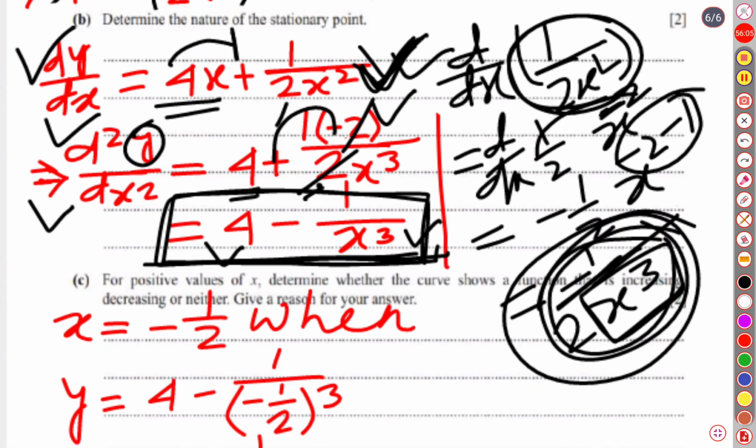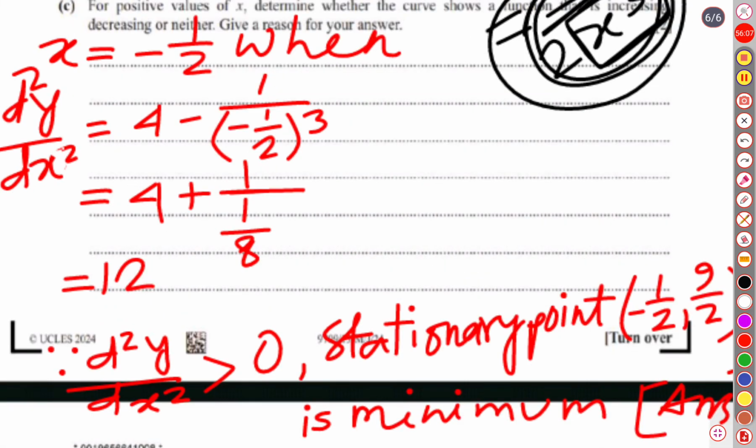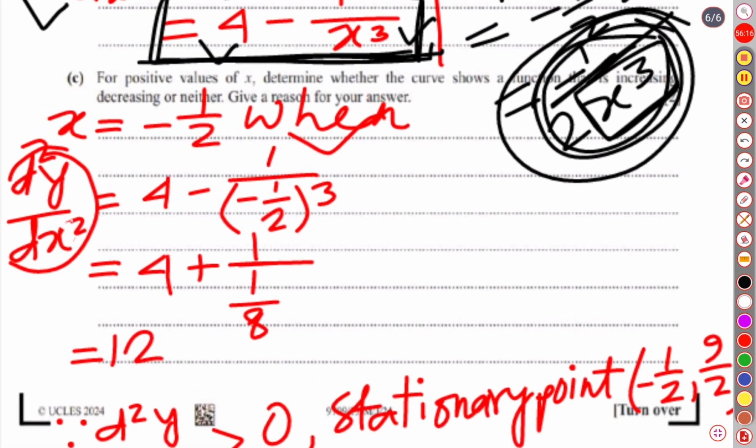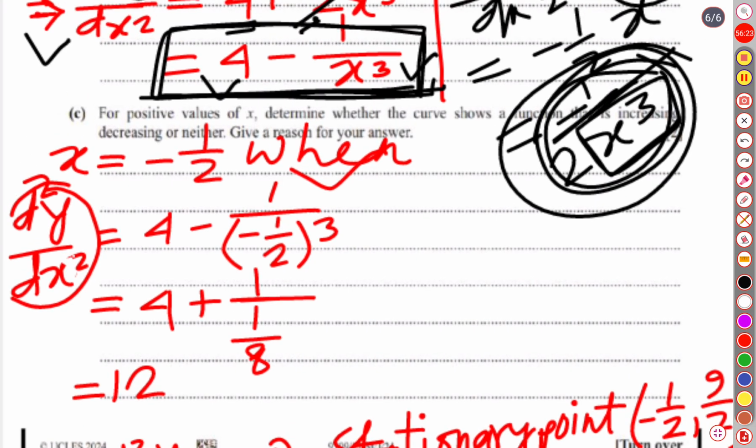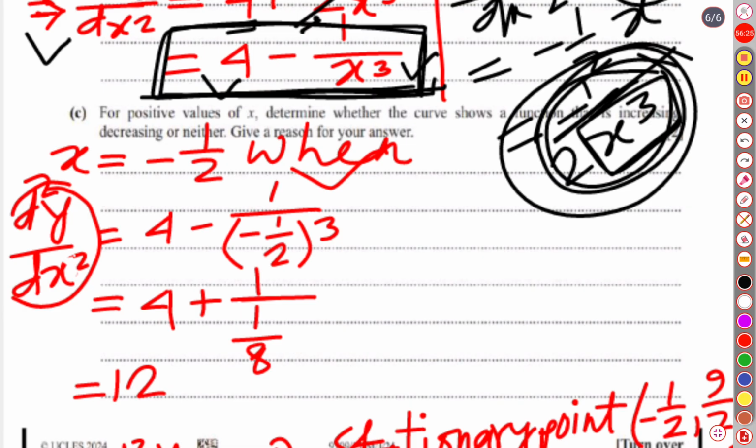Let's see. x is equal to negative half. d squared y over dx squared, we have just found that it is 4 minus 1 over x cubed. Let me show you clearly. This was our d squared y over dx squared, so this is 4 minus 1 over x cubed.